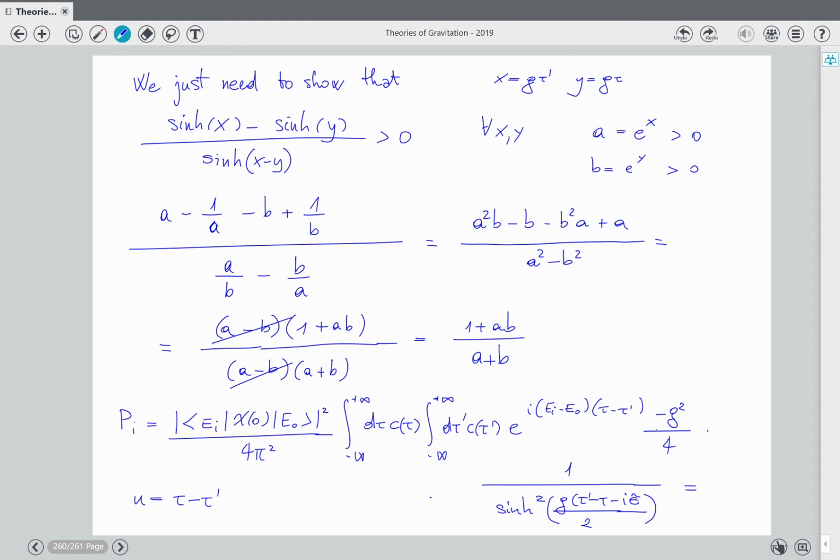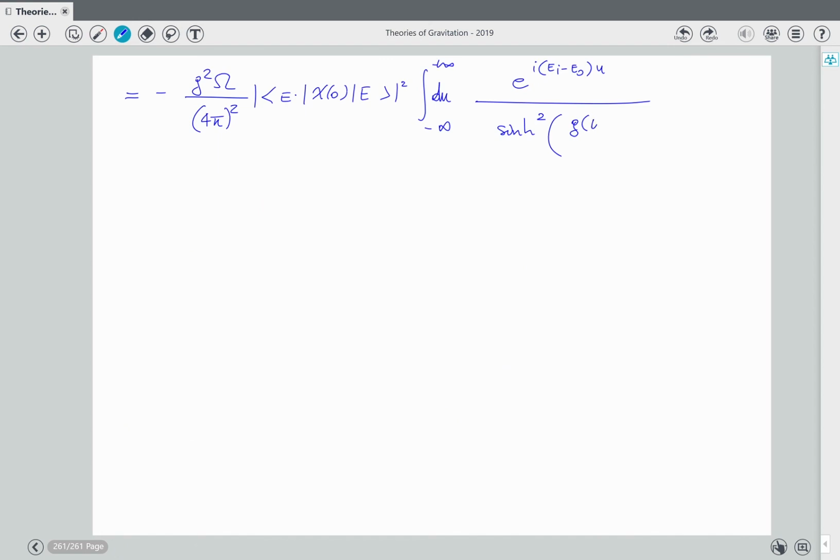So it's crucial. It's tau prime minus tau, so this is minus u. There is a square, so it's like saying u plus i epsilon tilde divided by 2.